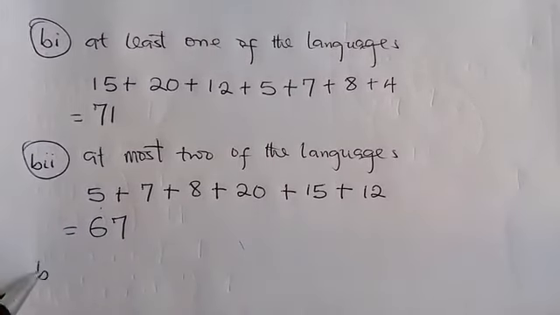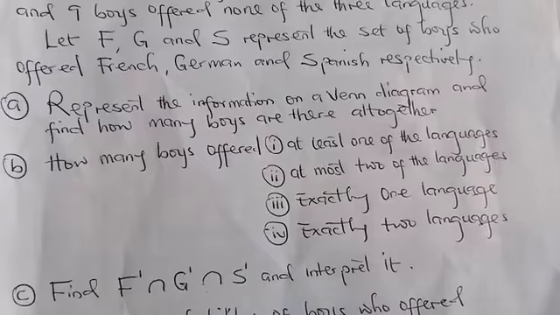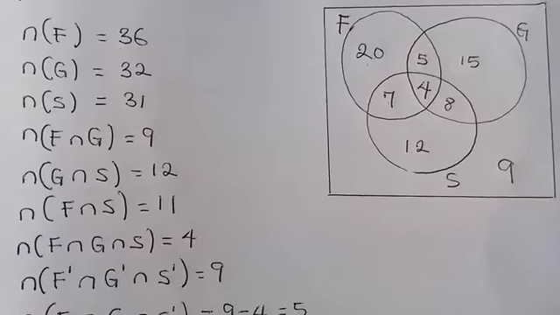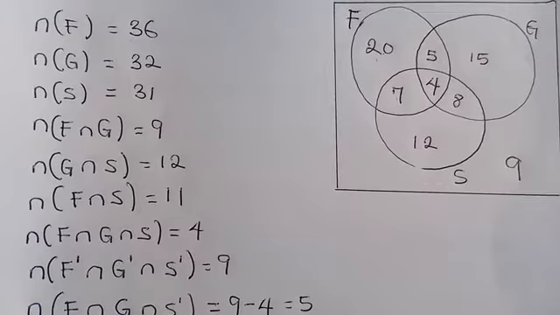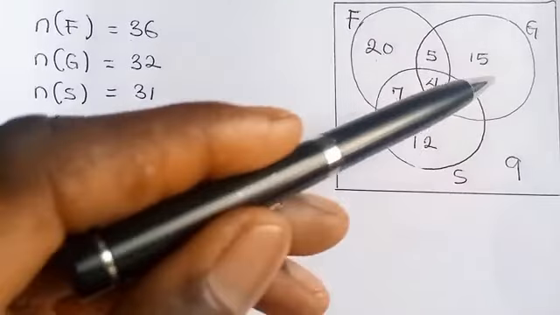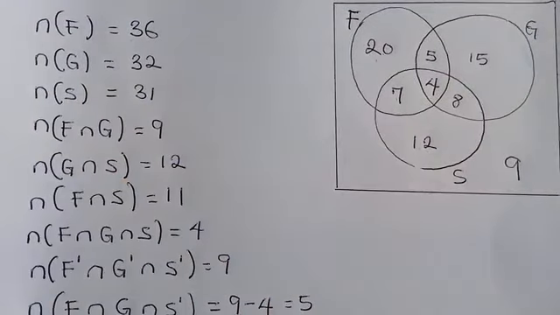The next one, we are asked to find how many boys offered exactly one language. Finding the number of boys that offered exactly one language, we are going to sum French only, German only, and Spanish only.